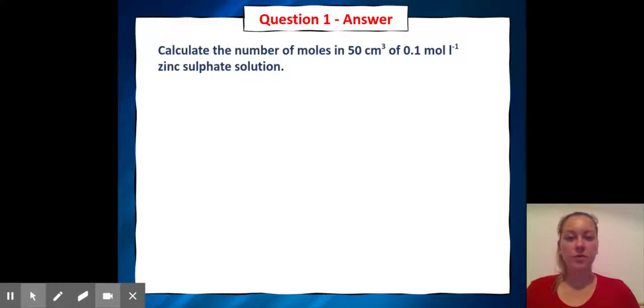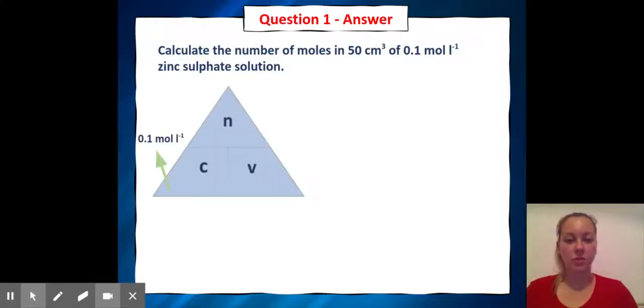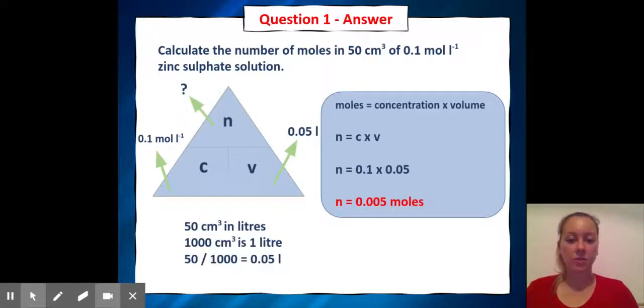Calculate the number of moles in 50 centimetres cubed of 0.1 mole per litre zinc sulphate solution. So we have our triangle and our unknowns. Moles equals concentration times volume. 50 centimetres cubed in litres is 0.05 times 0.1 mole per litre, and our answer is 0.005 moles.